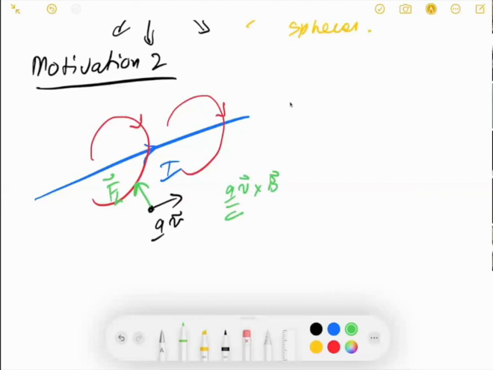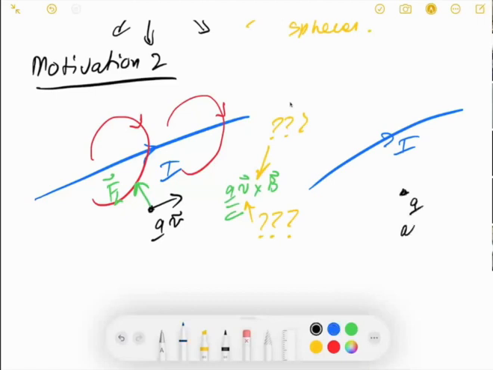Now, big question marks: where is that cross product coming from? And also, why does this velocity play any role at all? Because there is a frame of reference where you could have this current carrying wire, and now this particle Q is at rest.